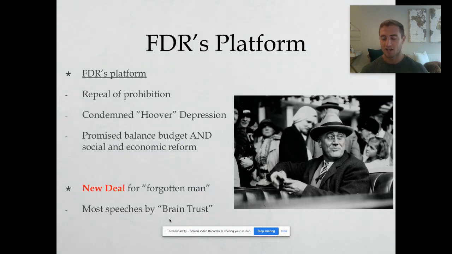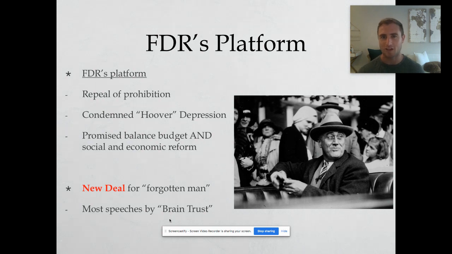And of course, this is where this man comes in: Franklin Delano Roosevelt. He's got a plan to get the nation out of the Depression, repeal of Prohibition. He blames Hoover for the Depression, although he knows it's not Hoover's fault, but of course he's a politician.